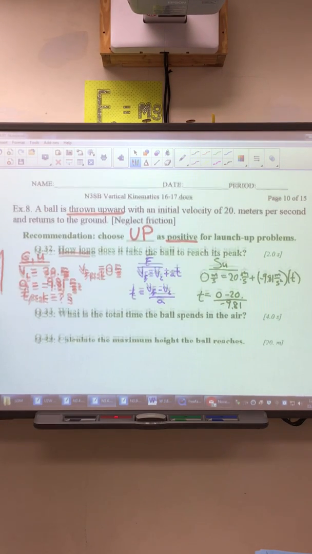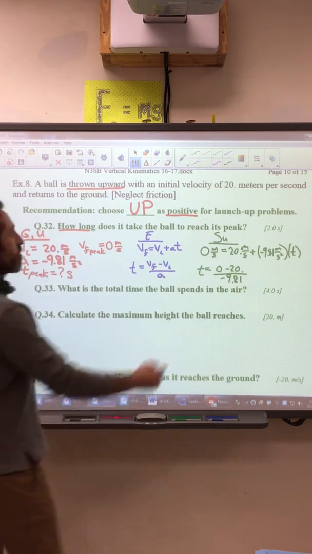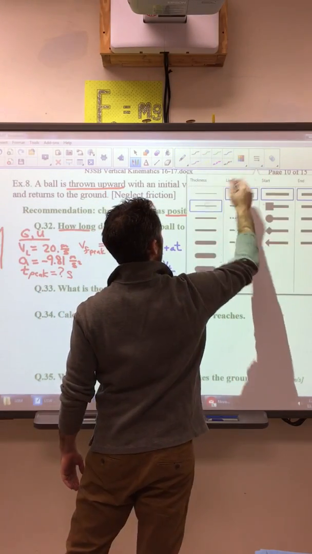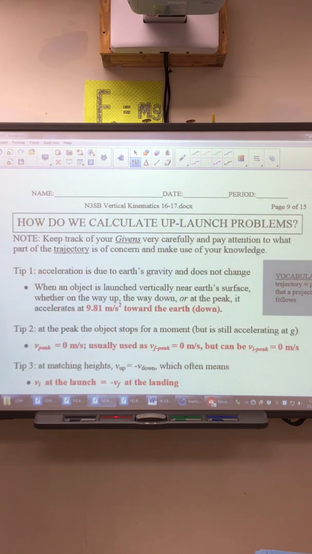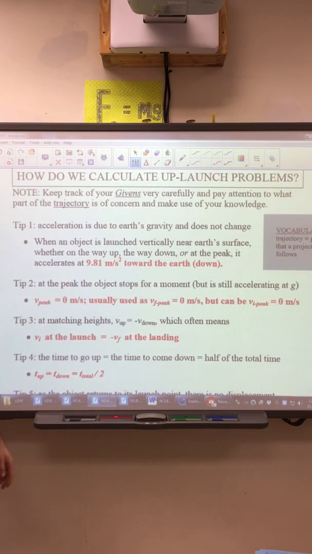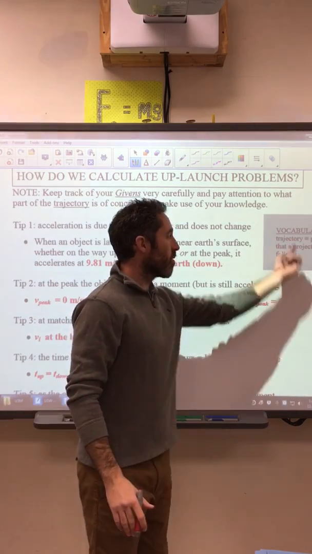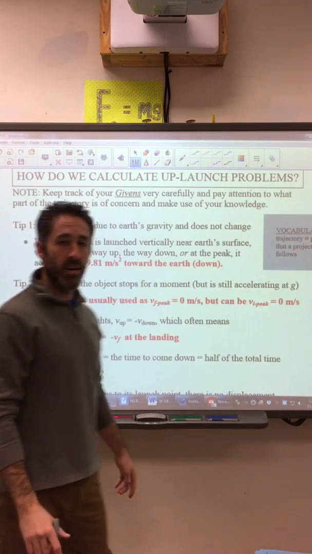Okay. Next question. What is the total time the ball spends in the air? Well, the simple version of this is recognizing, and this does matter, let me pause and say, there's a quick way to do this. You should be aware, because part of it is your understanding, and you are being tested. Do you understand that the way up matches the way down in time?